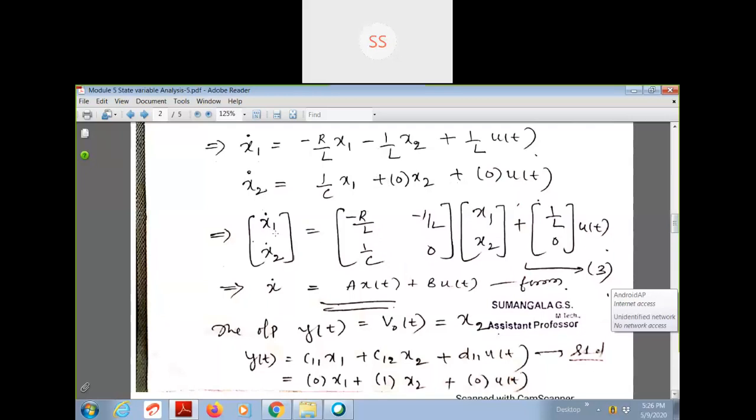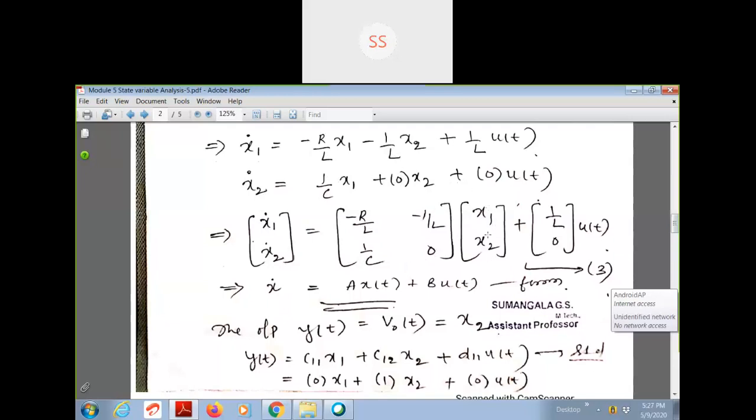So x1 dot, x2 dot, it's a 2 cross 1 vector indicating two state variables, equal to, now we write the coefficient matrix: minus r by l, minus 1 by l, and 1 by c, 0. So these are the four coefficients a11, a12, a21 and a22, into x1, x2.